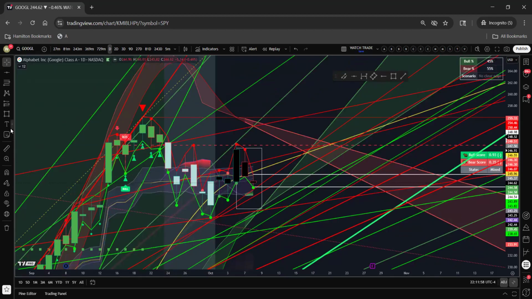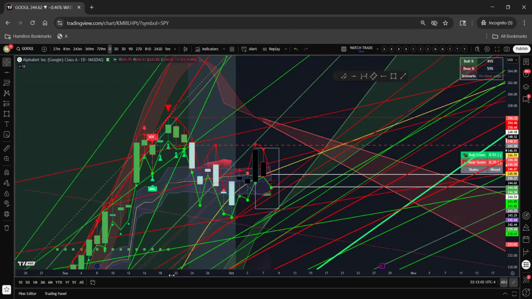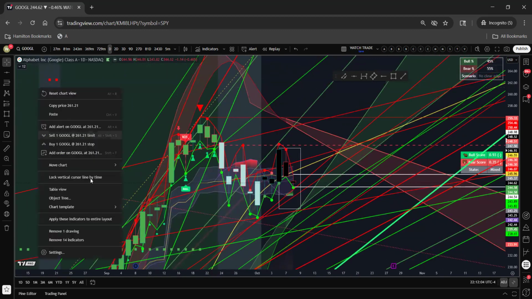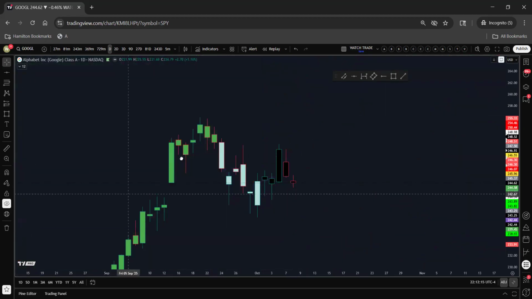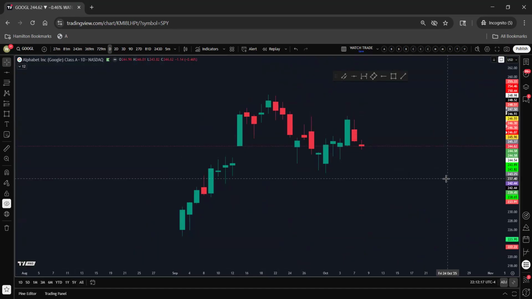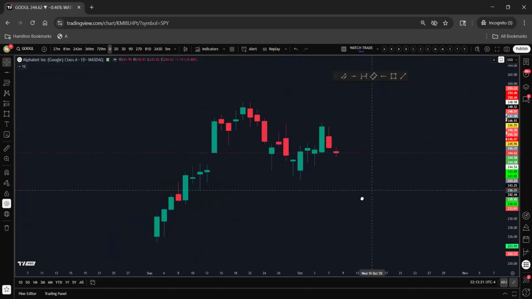Let's see. What does this look like, guys? Can anyone tell me the pattern? Let me hide everything. This will be like a test. You can hide everything, guys, over here. If you click this little eye, hide all. What pattern is this for Google?